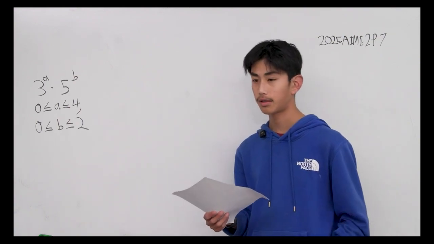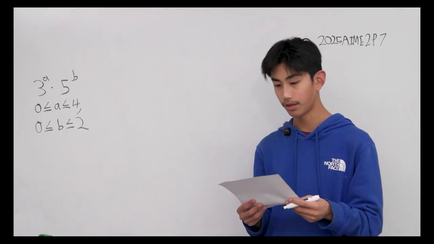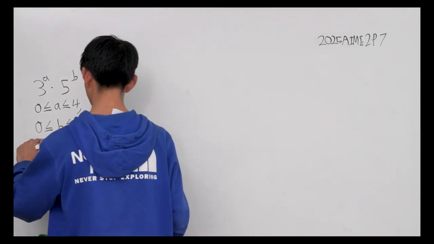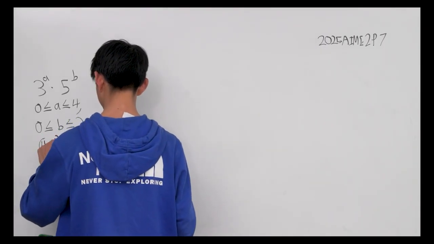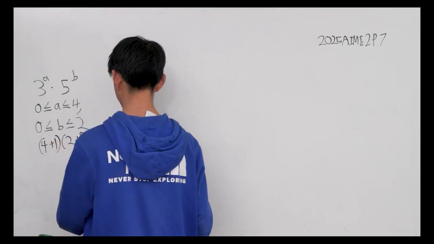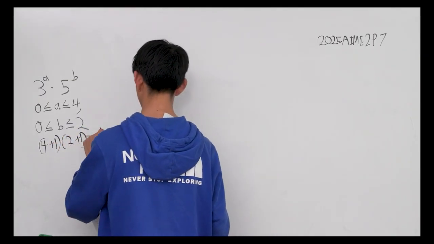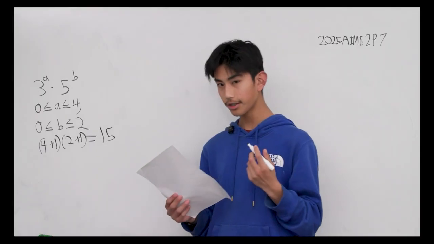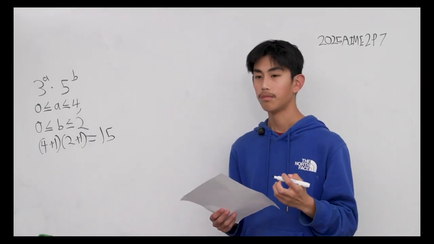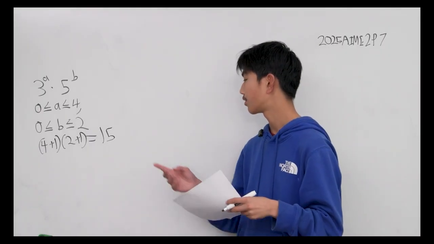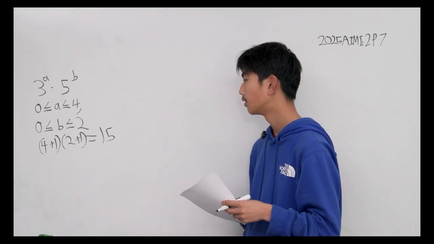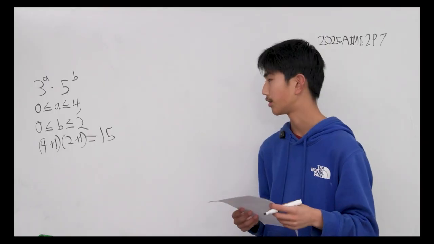We see here that the number of divisors of 2025 is 4 plus 1 times 2 plus 1, which is 5 times 3, or 15. Therefore, the cardinality of the set is 2 to the power of 15. Now we can consider some cases.